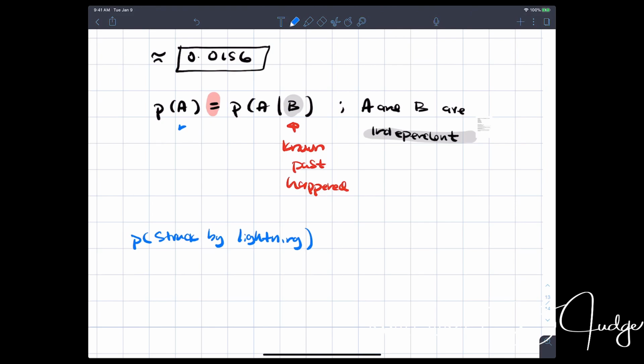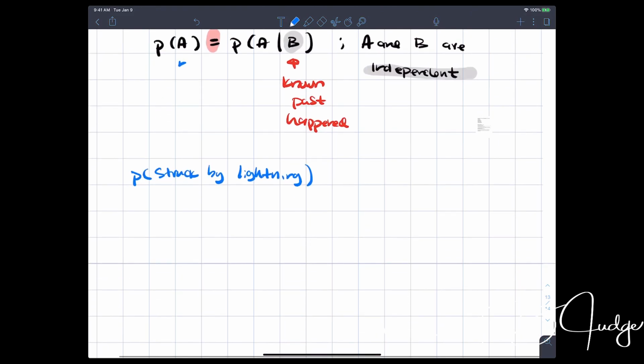Now, is this equal to? Here's what I want to remark. Let's actually look at a condition now. Given that you wear green shoes.